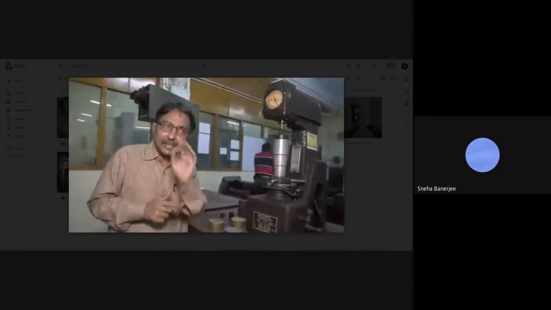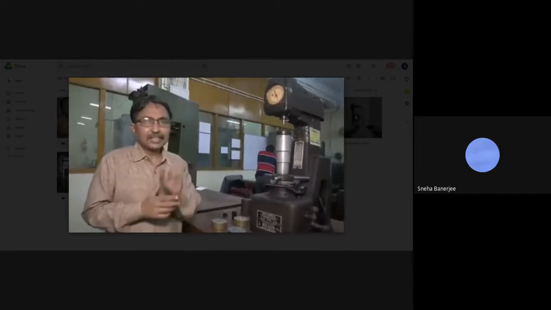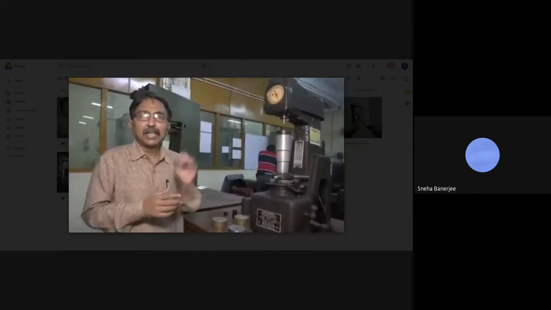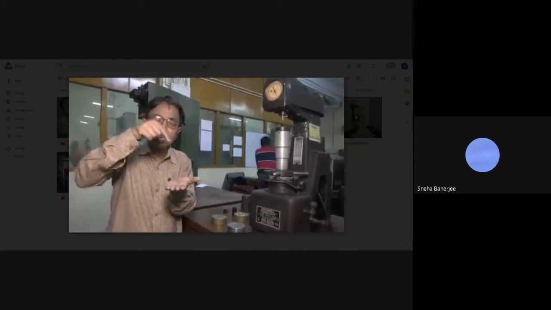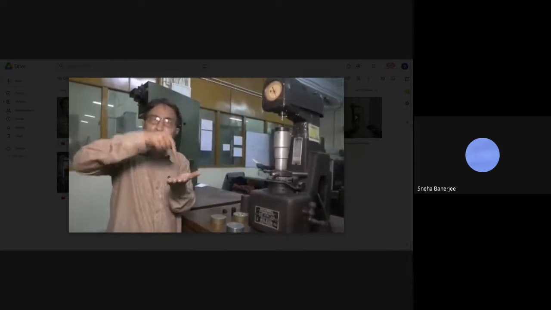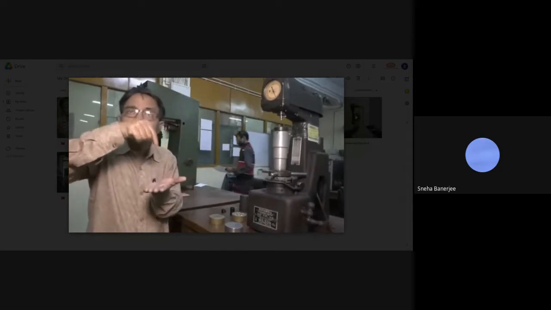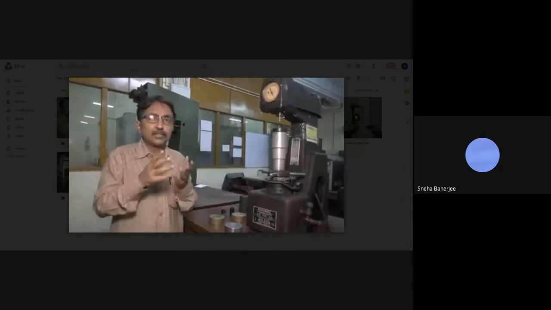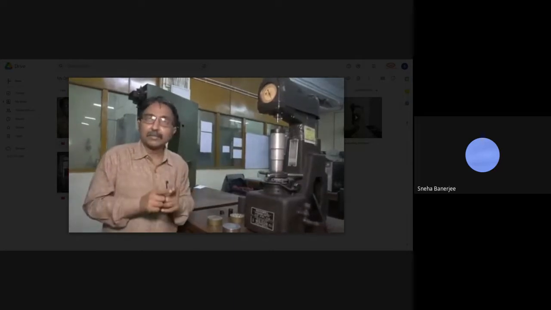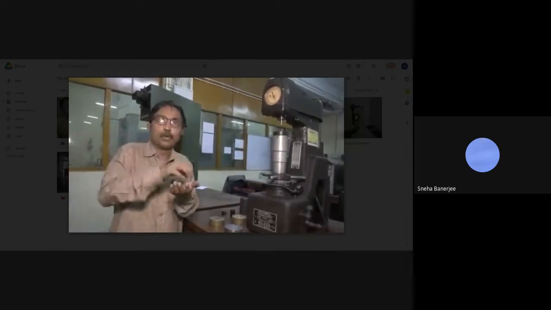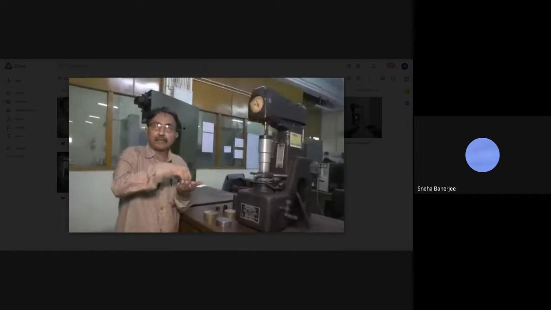Each scale corresponds to one particular set of things. First, it is basically a particular type of indenter. The indenter is that particular very hard material which is going to create the impression. So we are supposed to have a particular indenter for a particular scale. At the same time, we must have a specific load to be applied on that material.